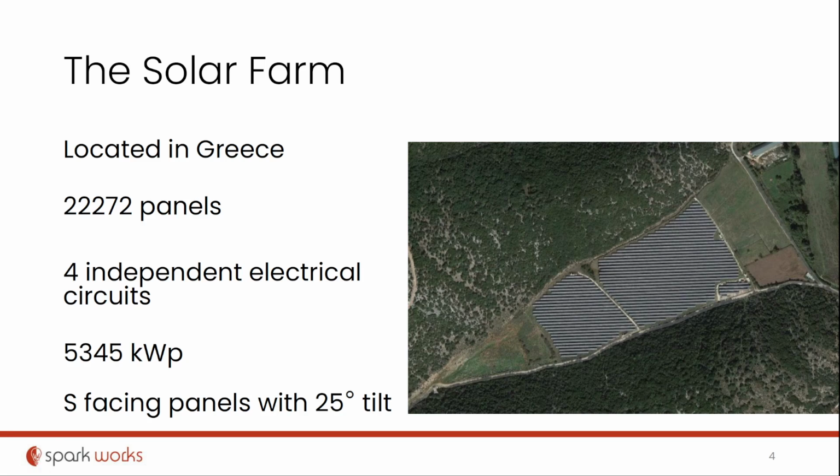In order to achieve this amount of energy production, the panels are fixed facing south with a 25-degree inclination in order to guarantee that the maximum power can be generated during every day of the year.